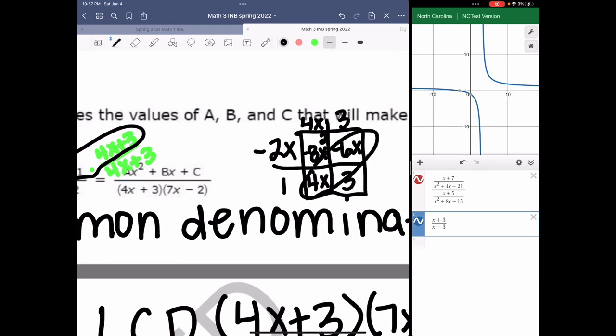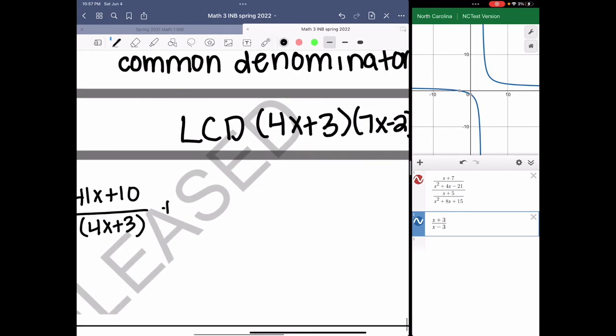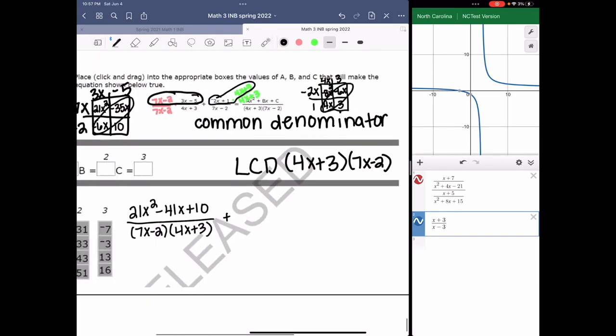Combine my like terms. For this one, we're going to be adding. So we have negative 8x squared, negative 2x plus 3, all over 7x minus 2 and then 4x plus 3.